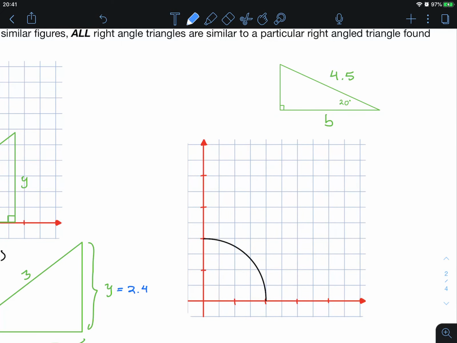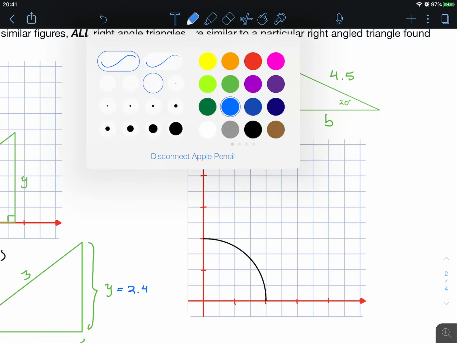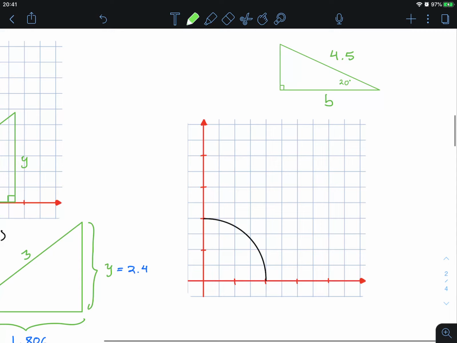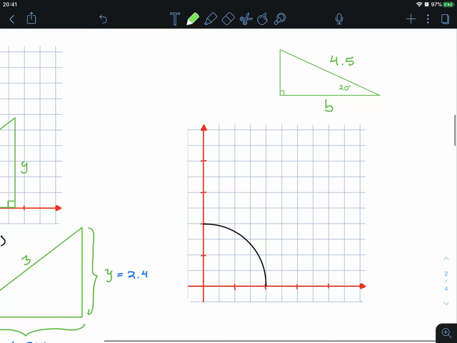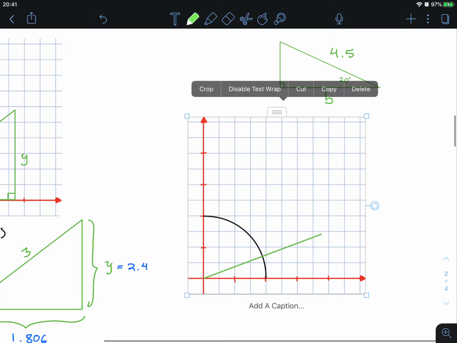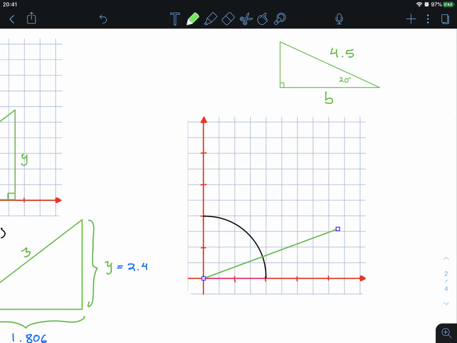Now we're going to copy this diagram and try and fit it, or just overlay it, on the unit circle. So 20 degrees, that's 45, 20 degrees, let's say it's about half, like so. So this length here should actually be 4.5.